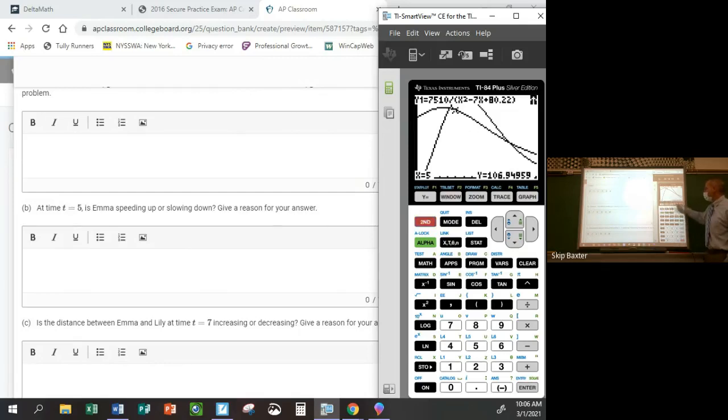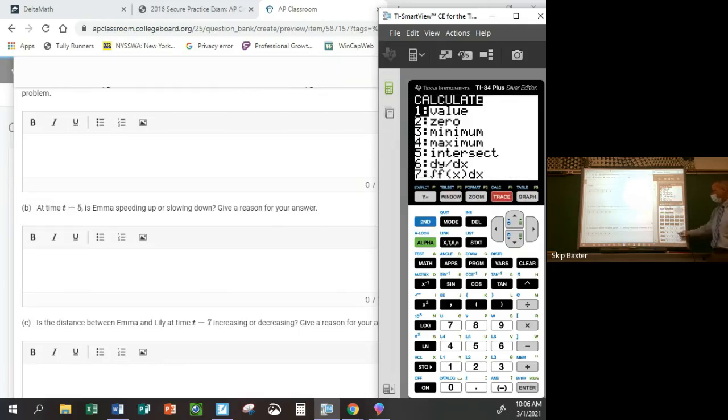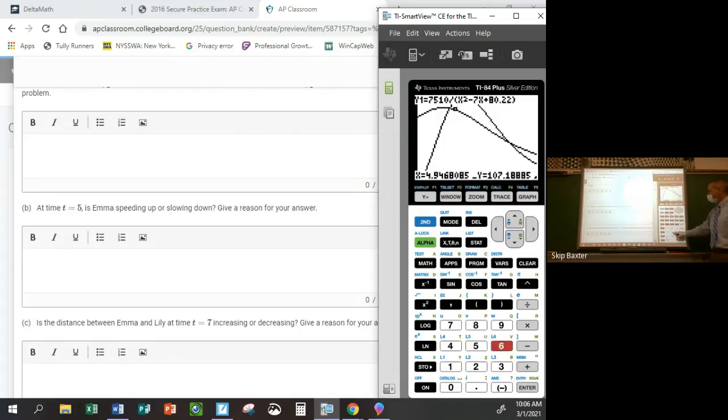I can actually find the derivative from this screen as well. I'm going to do second calc, dy/dx at x equals 5. And dy/dx of that function, well, is this y1 or y2? If you toggle up or down, that's y2, so this is y1. So it's negative, definitely decreasing.